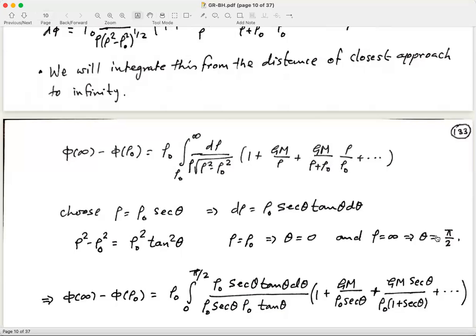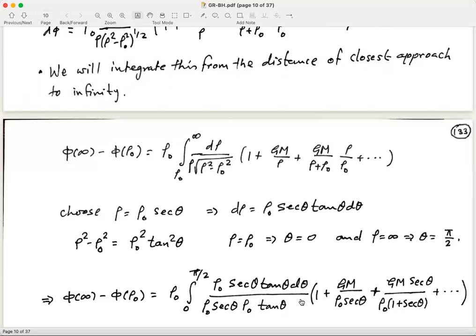Sorry, maybe I said pi, but it should be pi by 2 because tan of pi by 2 is infinity. So rho naught would be replaced by theta equals 0, and infinity by theta equals pi by 2. So this integral is replaced by a new dummy variable integral in theta.